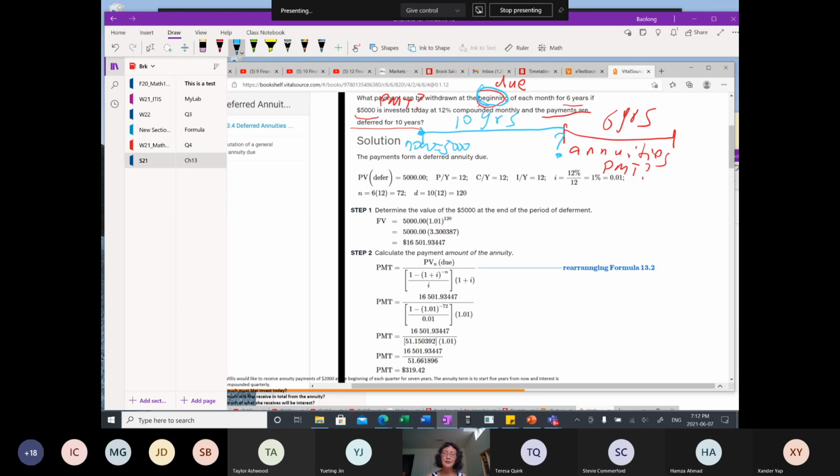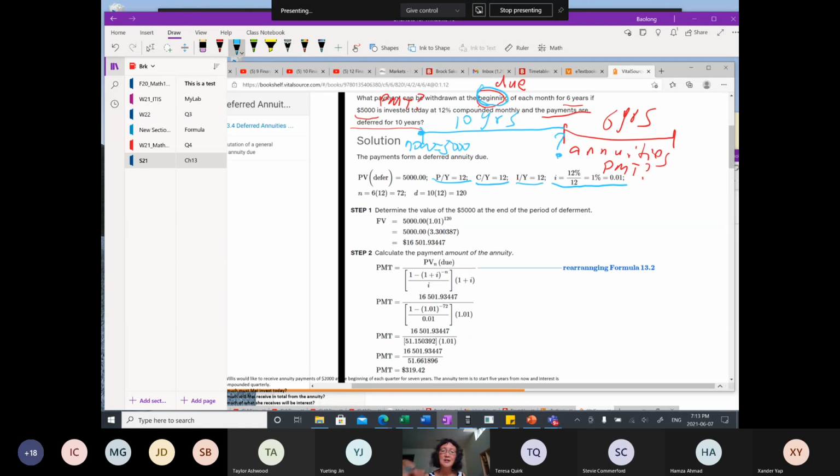Let's consider the formula. Again, the payment is each month, so PY equal to 12, and interest is compounded monthly, CY equal to 12. IY is given 12%, compounded monthly, so periodic interest is 12% divided by 12.